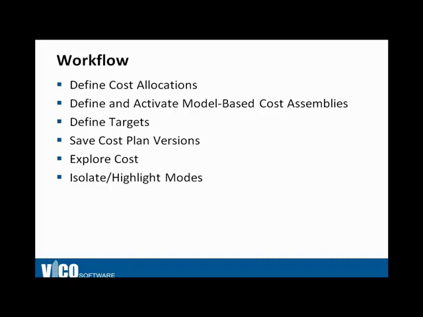We'll use the Cost Explorer to identify where in the project we're running over budget and where variance exists between two versions of the cost plan. And we'll use the isolate and highlight modes in Cost Explorer to identify which model elements are contributing to the cost items that we're looking at.